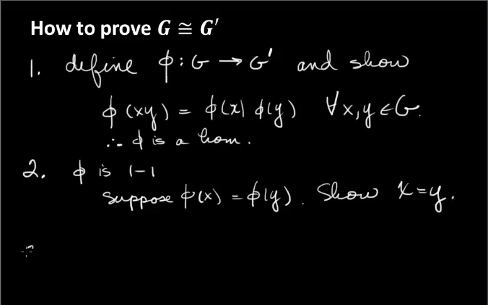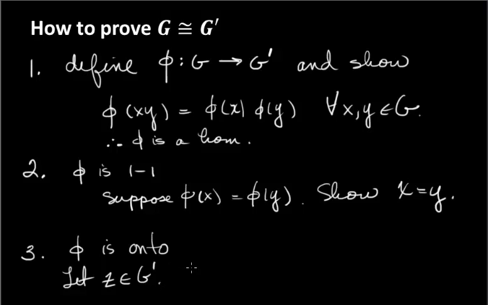And then number 3, you must show that phi is onto. In other words, the image of G is all of G prime, or every element of G prime gets hit by phi. So here's how you do that. Let z be in G prime, in other words, an arbitrary element of G prime.